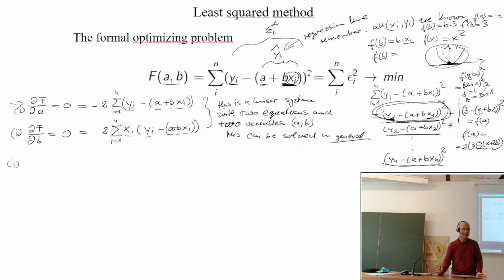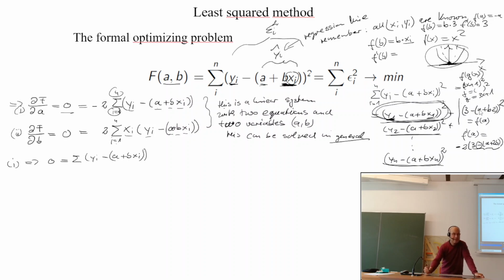Let's start with the first equation and look at this function here. We see that we have 2 times the sum, so we can divide left and right side by 2. Here we have a 0 and nothing else changes. So this translates into 0 equals the sum over y_i minus a plus b x_i. Well, I omit the index here.